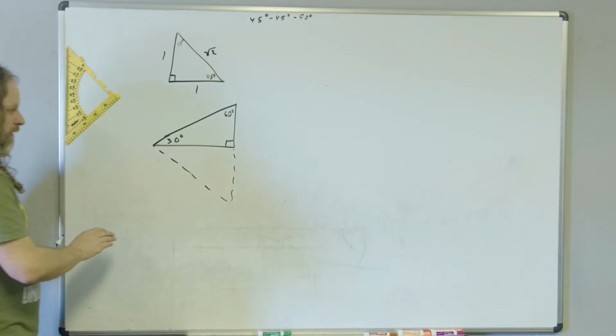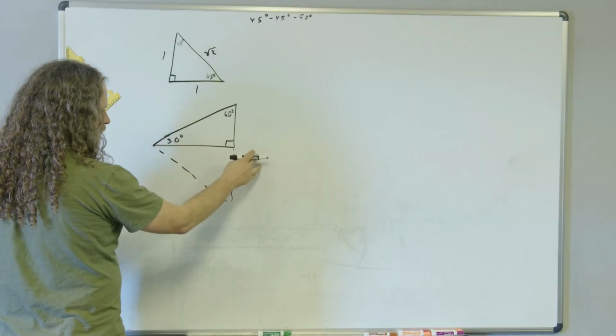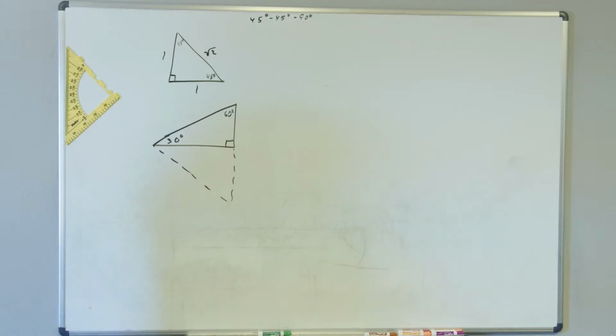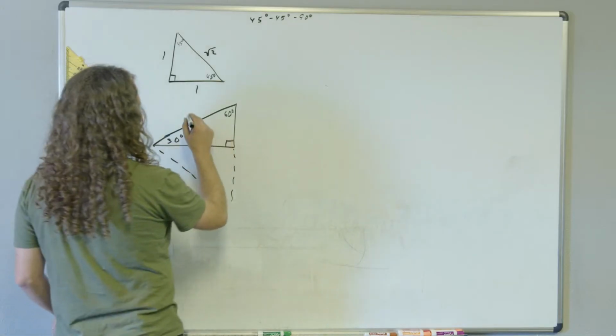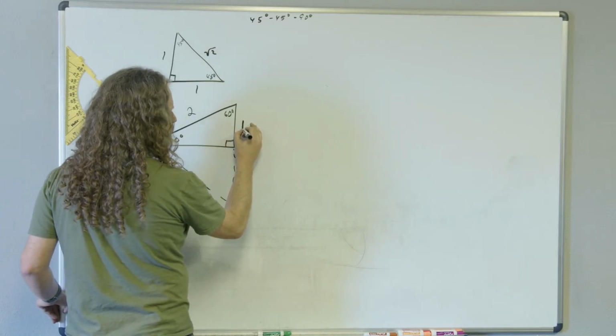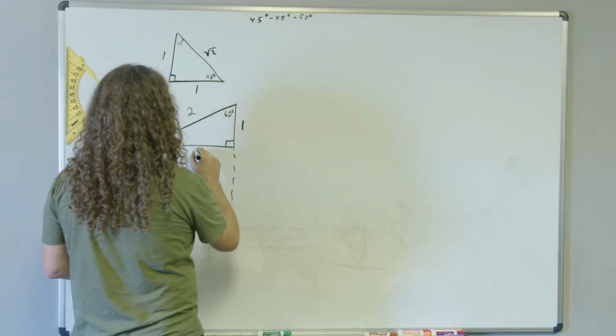If we did sides of 1, 1, and 1, then when we split it in half, we've got a half, and so that's ugly. So if we make this side 2 instead, then the little leg that's cut in half would be just 1. Then we use Pythagorean theorem and we get the square root of 3.